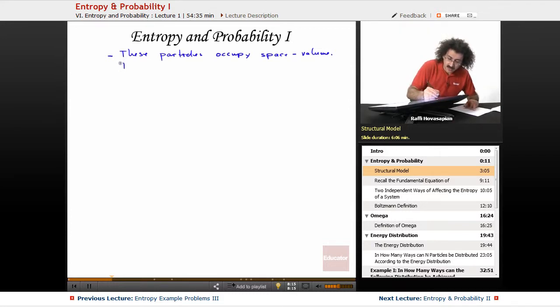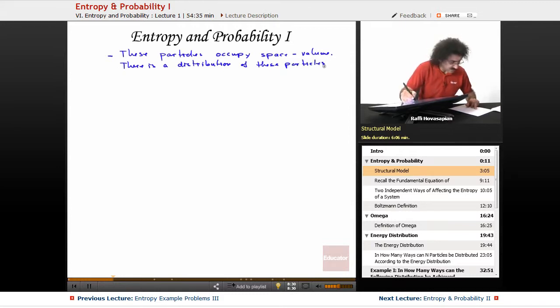Now, there is a distribution of these particles over the volume available. This is the most intuitively clear one.